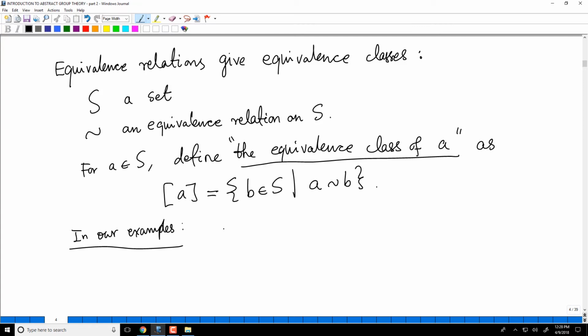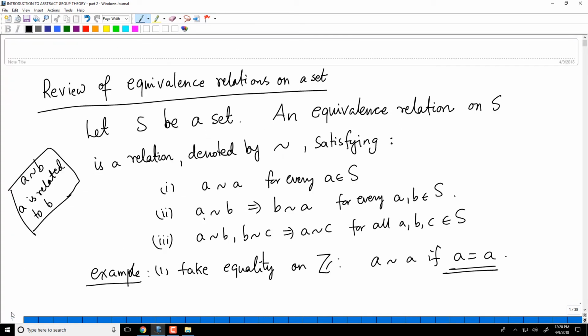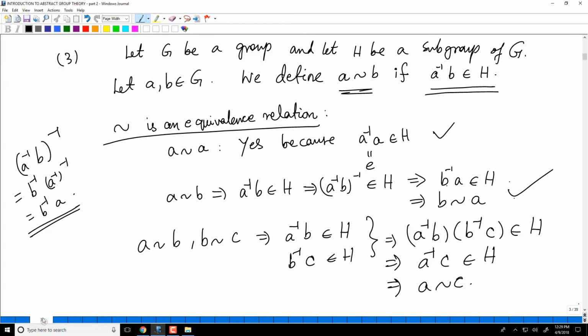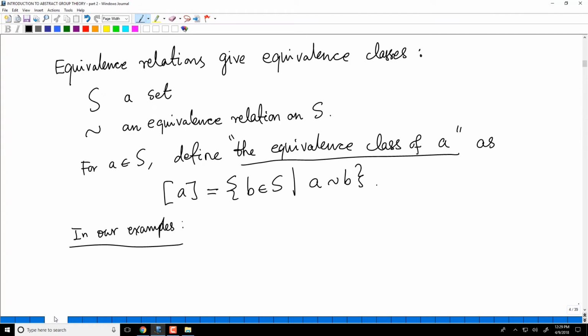what is the equivalence class? In the first example, where equality is the equivalence relation, the equivalence class is very simple. a is equivalent to b if a equals b.